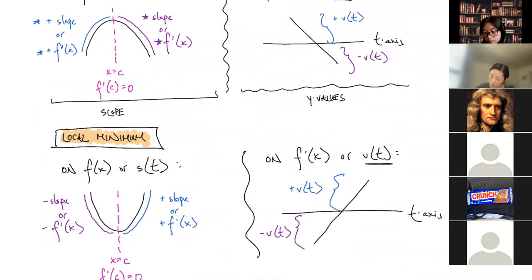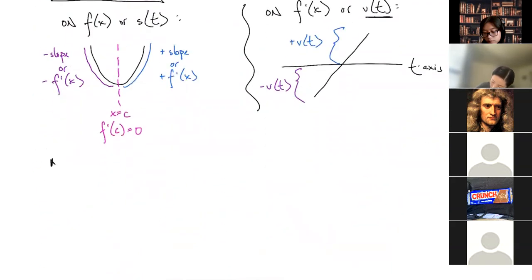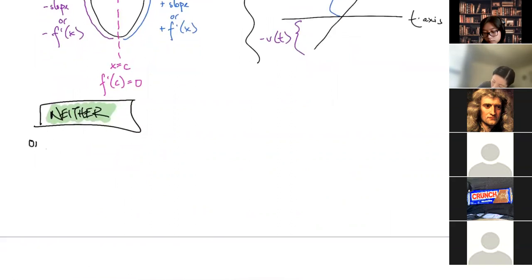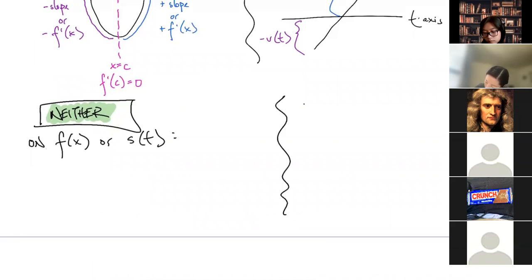So let's draw a better picture for that. We say this is neither a local max or a local min. And what does that look like? So on f of x or s of t, and then separately on f prime of x or v of t.